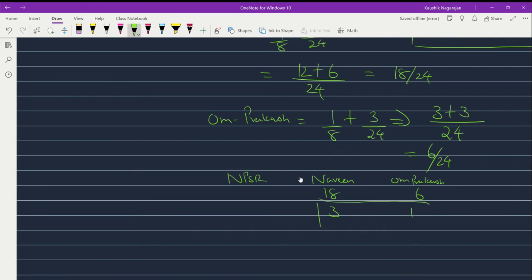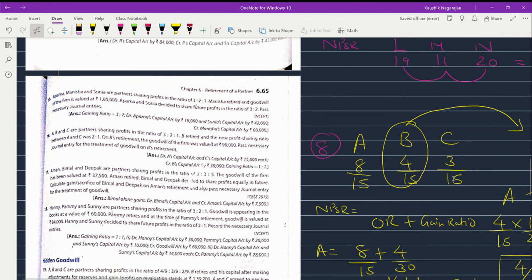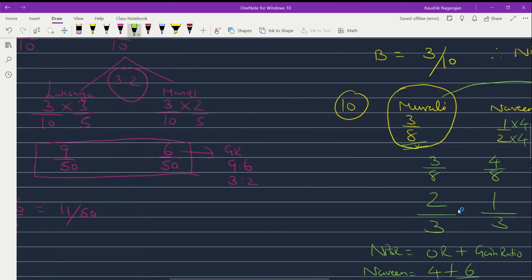So my NPSR between the partners is 3 is to 1. You can cross verify your answer, check what is given for the partner. It is given as 3 is to 1, the new profit sharing ratio, and the gaining ratio, as mentioned, 2 is to 1. That is the surrendering part.